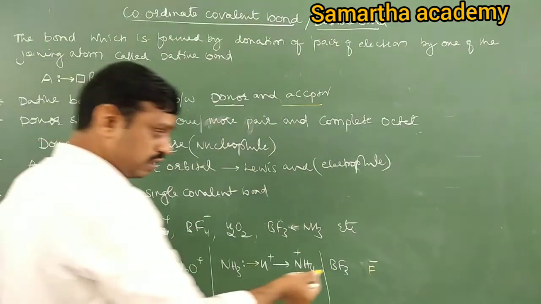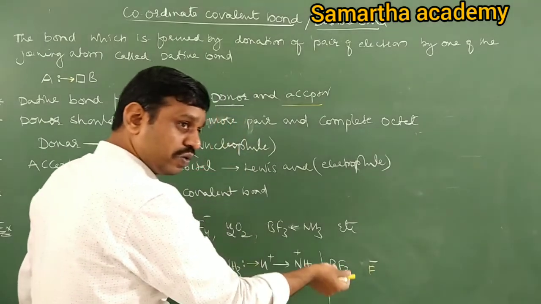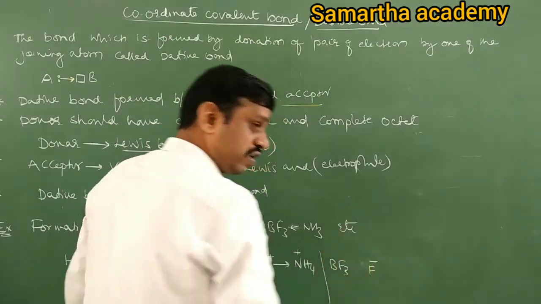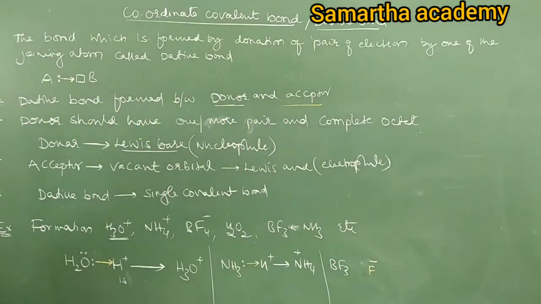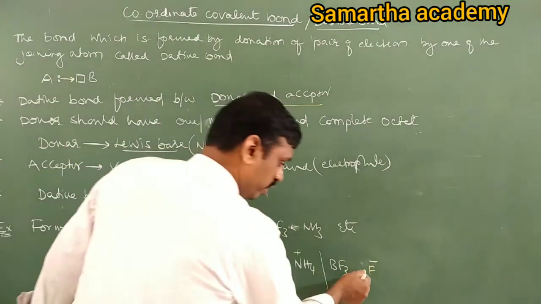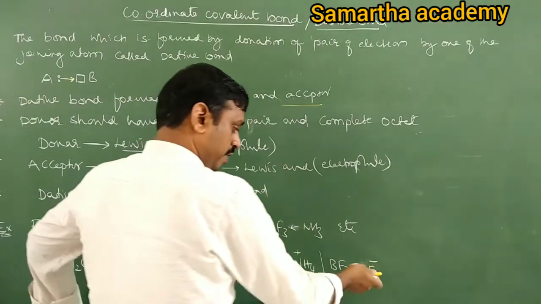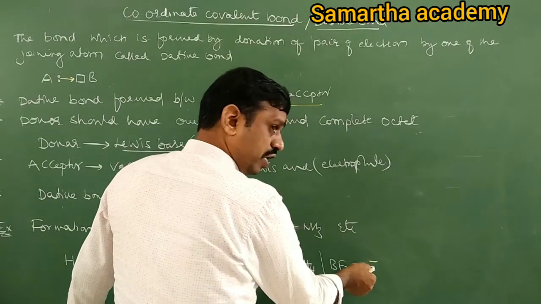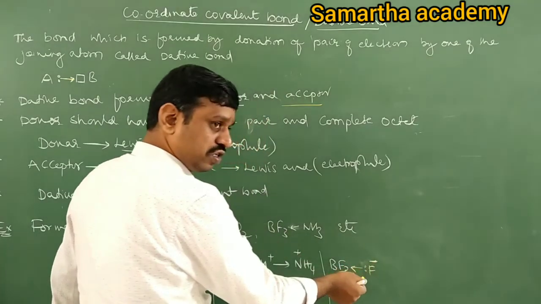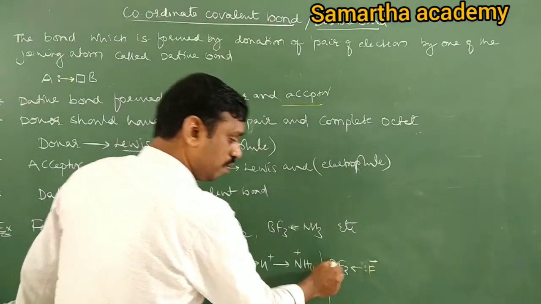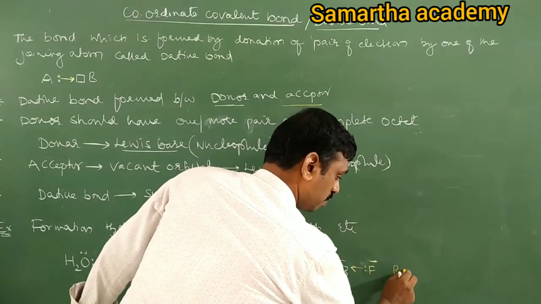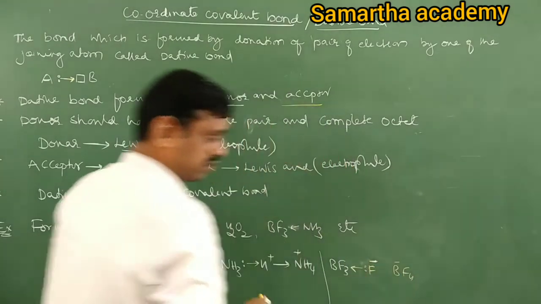Fluorine is a group 17 element, so 7 plus 1 electron, 8 electrons are there. Therefore, it donates a pair of electrons to BF3. Now, by donating a pair of electrons, it loses its charge. Which one gets the charge? Boron. Therefore, it is BF4 minus.